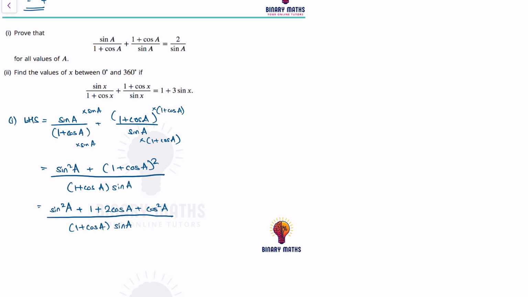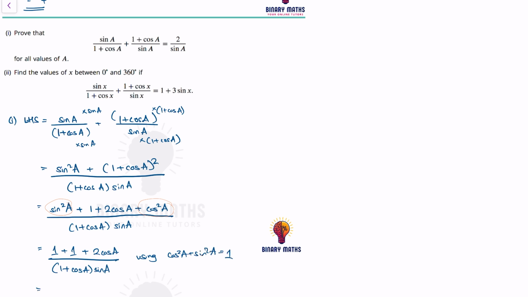Now what I do know is sine squared A plus cos squared A will give me 1. So I end up getting 1 plus 1 plus 2 cos A over 1 plus cos A times sine A, using cos squared A plus sine squared A is equal to 1.